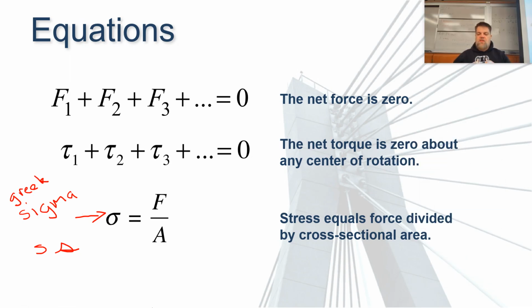That sigma represents stress. And that's just the force that's applied over a cross-sectional area. Okay? And we'll talk about that, because the cables will have stress. So we're talking about things hanging from cables, suspensions, bridges, stuff like that.